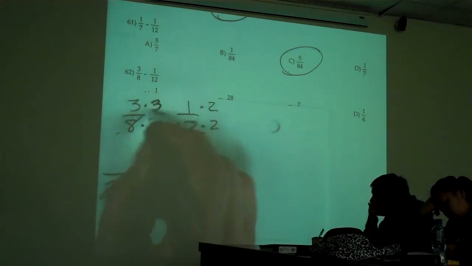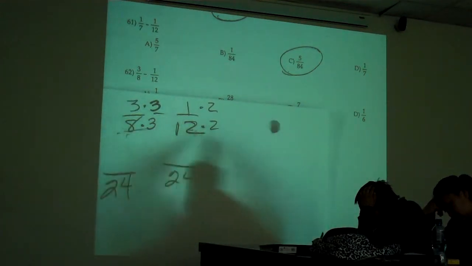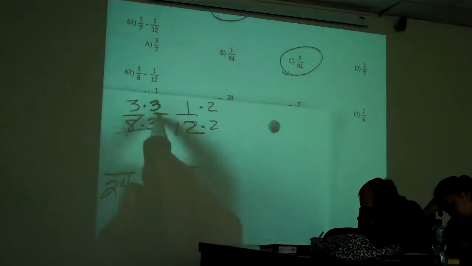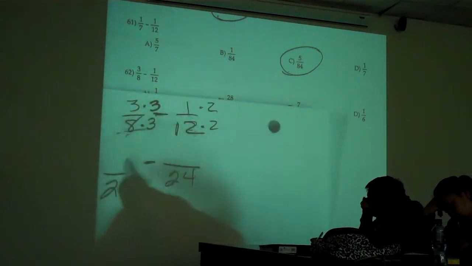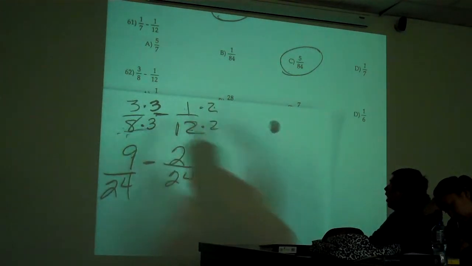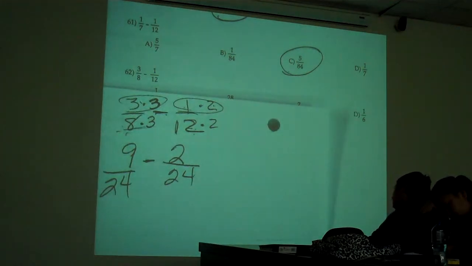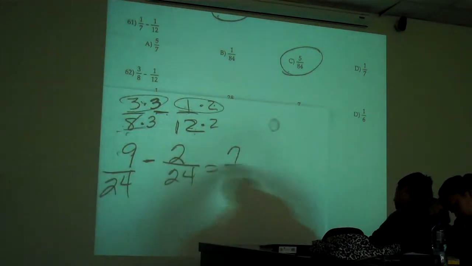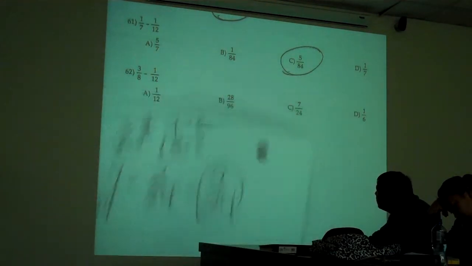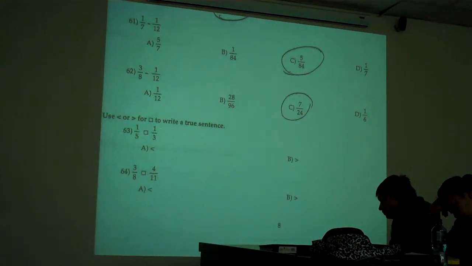This is why you need to make sure you know your multiplications, okay? That way you could look at them and kind of figure out what the common denominator is going to be. 3 times 3 is 9. 1 times 2 is 2. So you got 9 minus 2, which is 7/24. Is that reduced? No. 7/24.